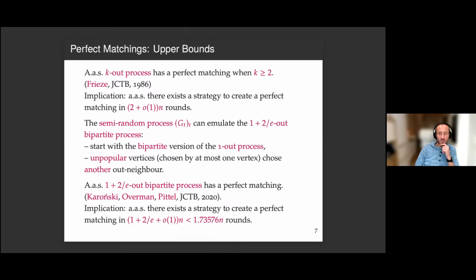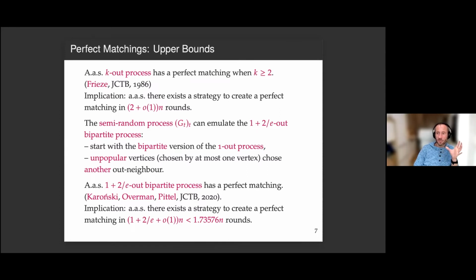The question is, can we do better than that? So there is hope, because the k-out process, in some sense, is not really an adaptive process, right? We know from the very start what we plan to do. This one is a little bit better, right? Because I do the one-out process, and then I stop and pause for a second, look who is unpopular, and do something smart to make it work.